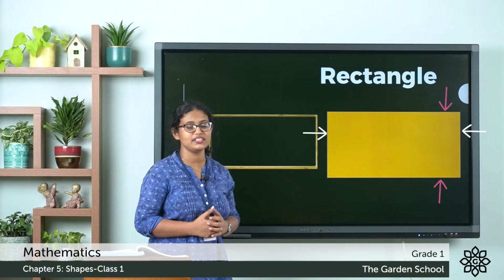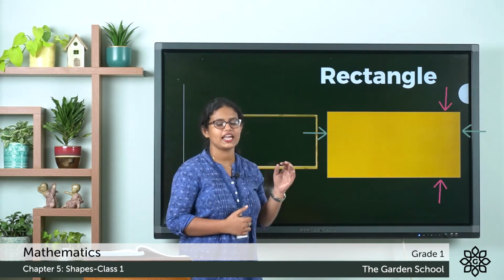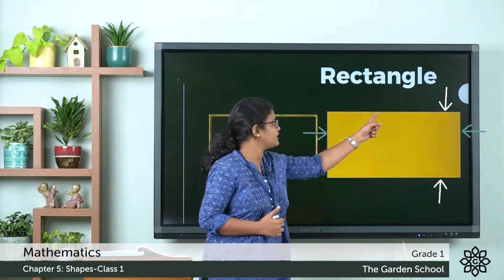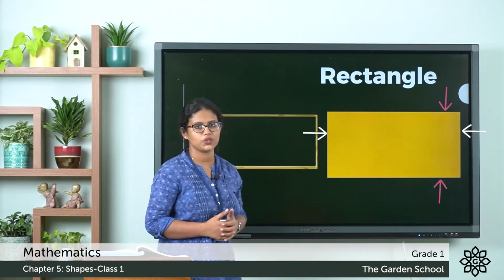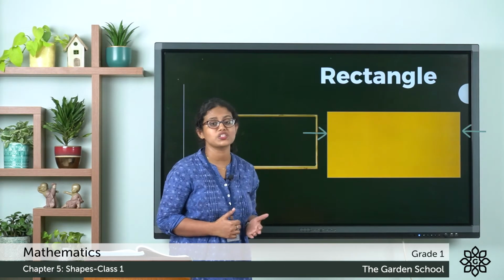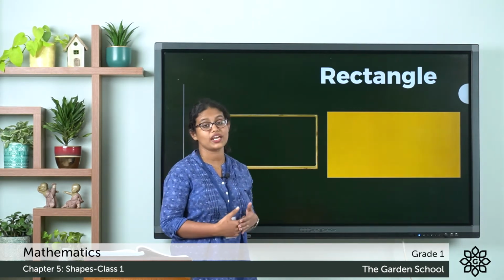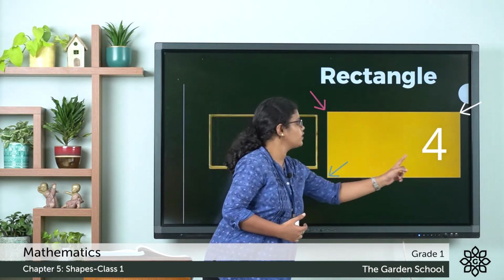So, in a rectangle, the opposite sides are equal. Here, these 2 sides are equal and these 2 sides are equal. So, in a rectangle, there are 2 longer sides and 2 shorter sides. And in a rectangle, there are 4 corners. 1, 2, 3, 4.